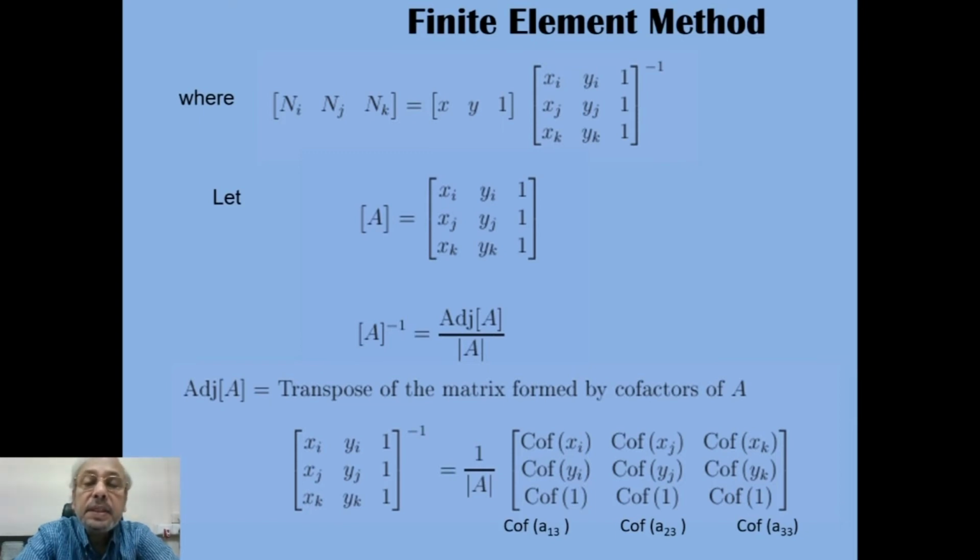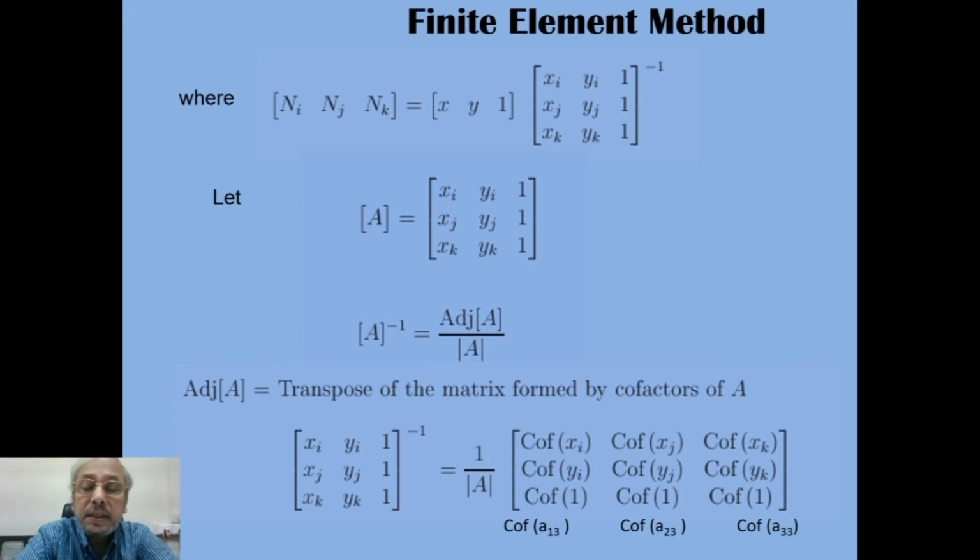And as we can see, Ni, Nj, Nk is basically x, y, 1 multiplied by the inverse of this matrix, so inverse of matrix A. Now very clearly we can define xi, yi, 1 first row, xj, yj, 1 second row, xk, yk, 1 third row.